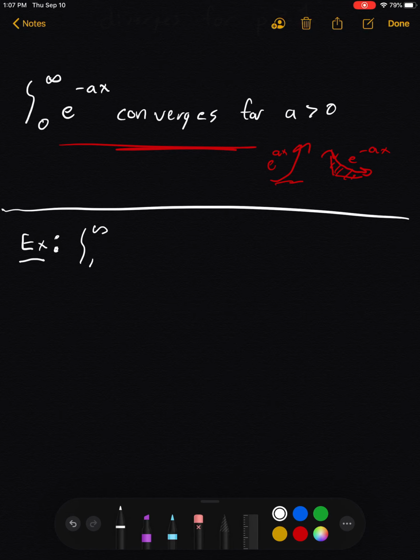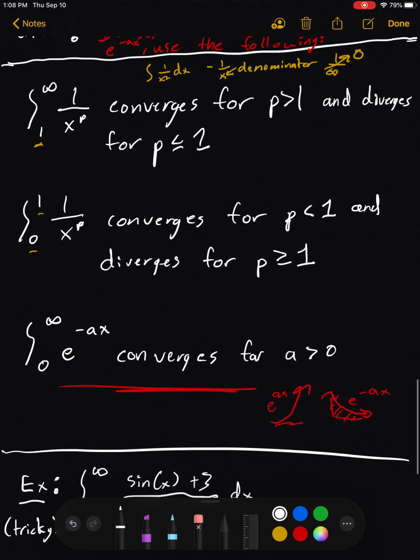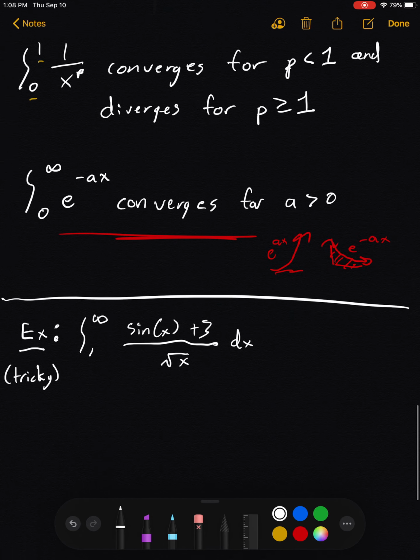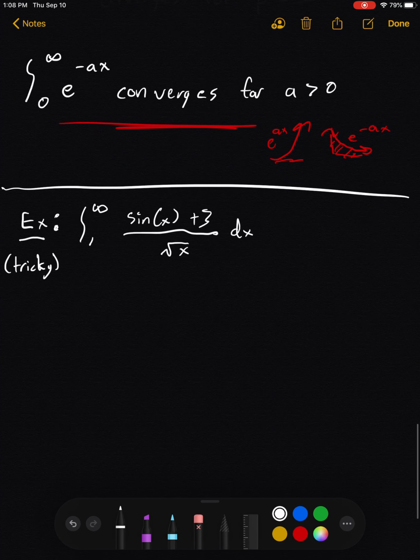I have the integral from 1 to infinity of sine of x plus 3 over the square root of x dx. Now, this is one of the trickier ones. So I gave you some ones to look for if they look like a power function or e to the x. This one is a trig one. It does not match the three styles I just presented here. And so for this one, we have to think a little outside of the box.